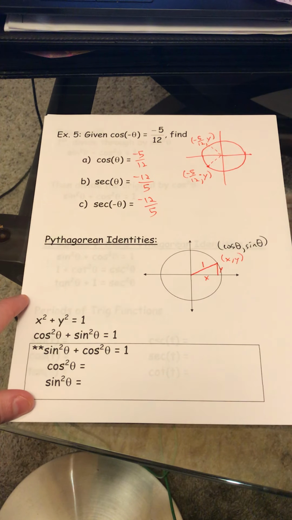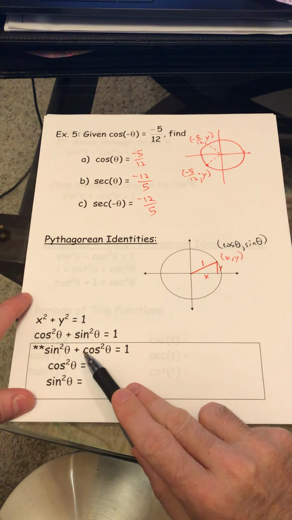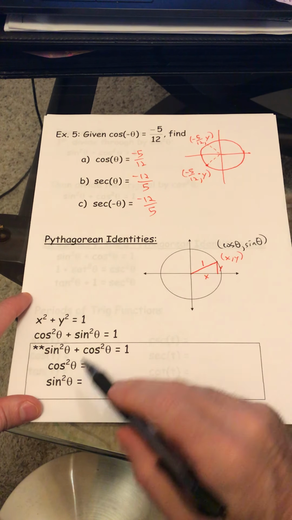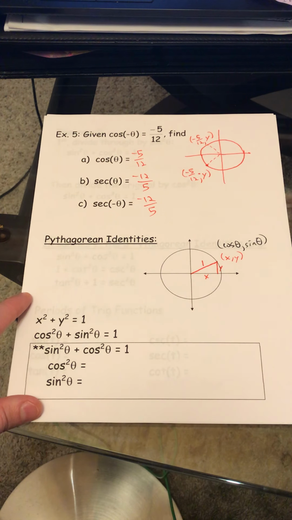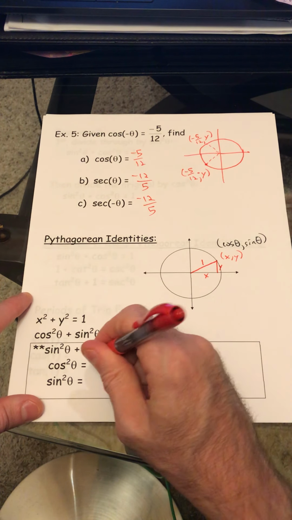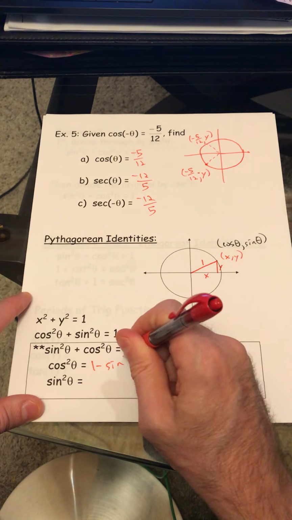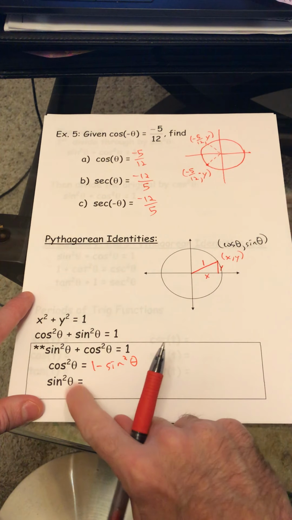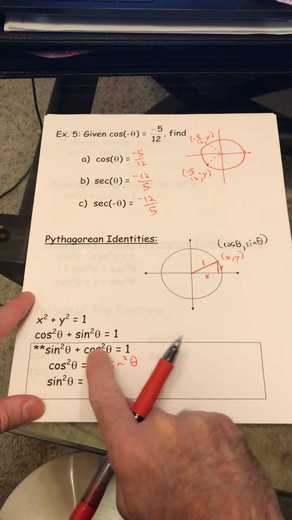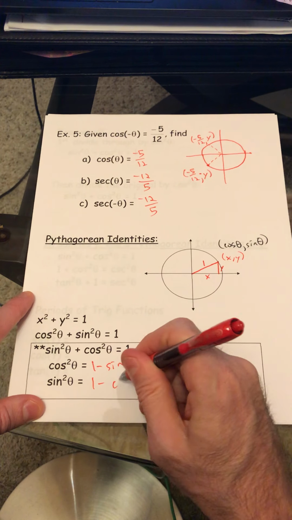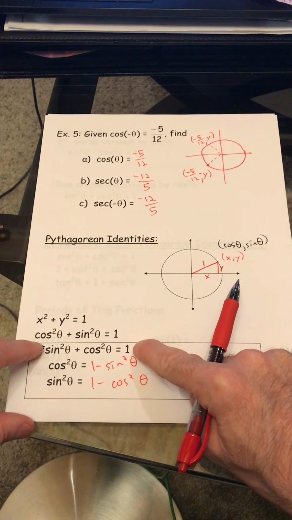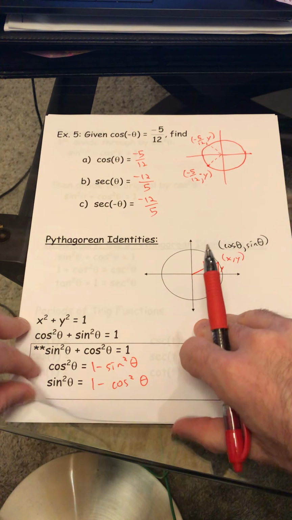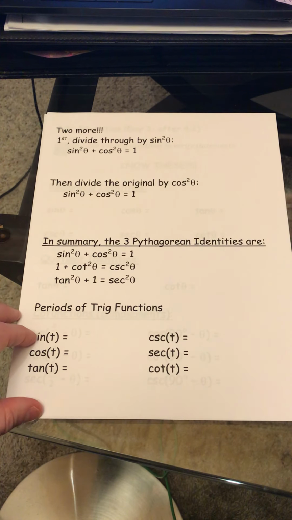Now, you can use a lot of different versions of it. One of them would be, if I were to isolate cosine squared, I would do that by subtracting sine squared over. So cosine squared is 1 minus sine squared. If I isolate sine squared, subtract cosine squared over, it's 1 minus cosine squared. But again, this is the one you have to know. Can do a couple of other things with it.